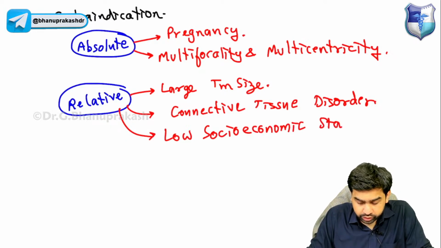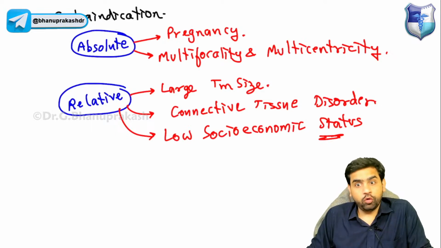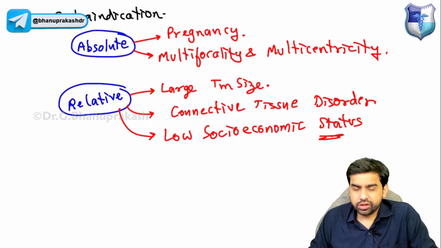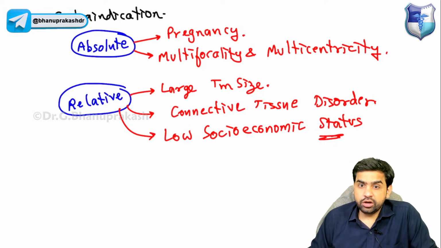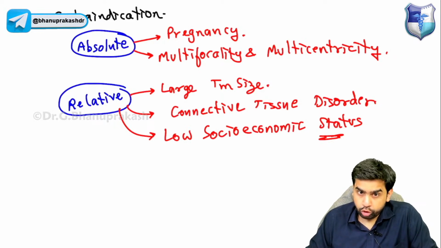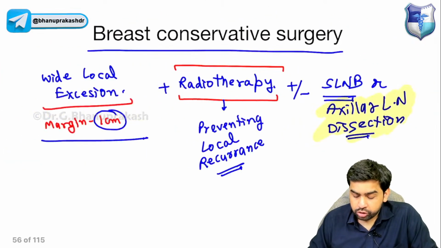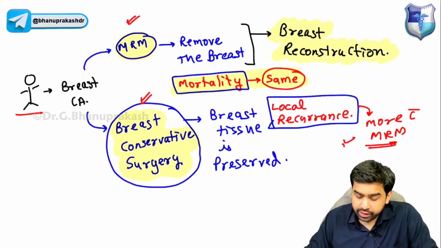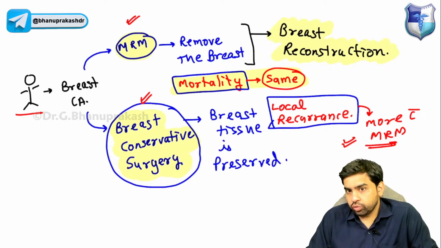What you need to understand is that after breast conservative surgery is performed, we need a lot of follow-up, and in the follow-up you might have to perform an MRI, and radiotherapy is needed. All these things cost money, right? And it is thought that if the patient does not have a good socioeconomic status, the patient is going to be lost to follow-up, and the chances of recurrence are higher.